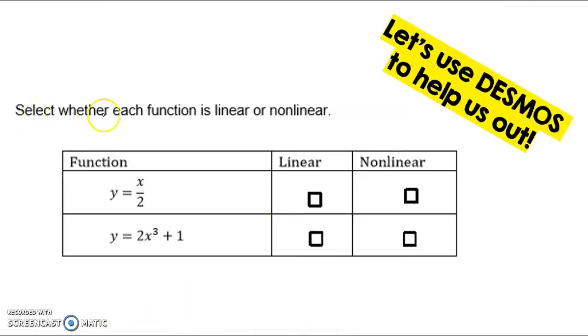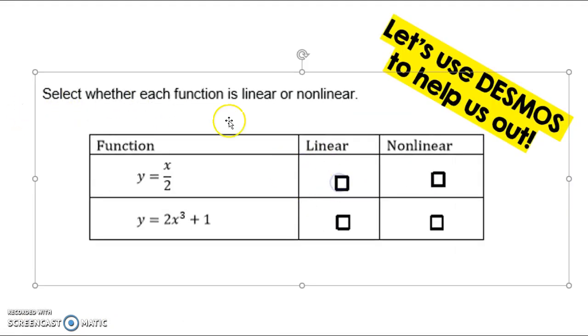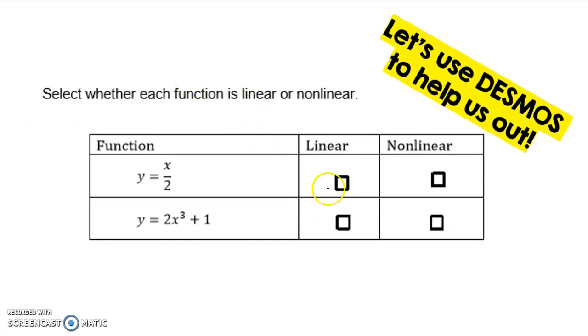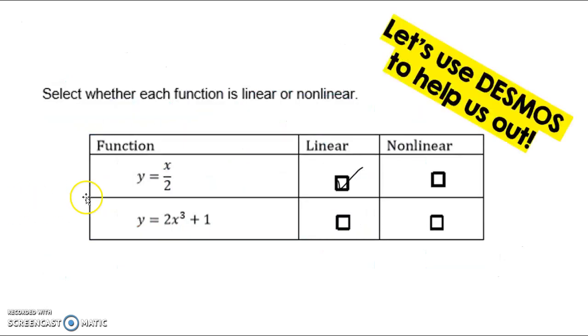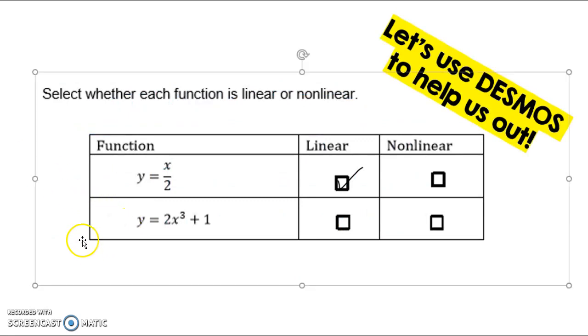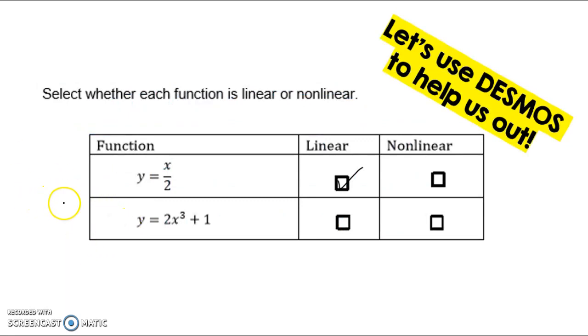So for this box, I would check linear. Based off of what we saw here, I want you to think about this next one. So do you think this one would be linear? y equals 2x cubed plus 1, linear or not linear?